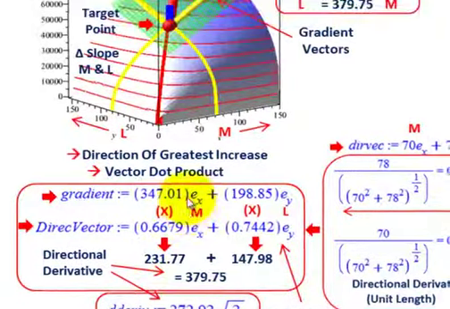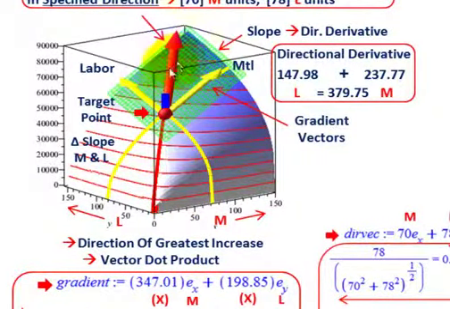So let's go back to our plot. Based on our labor inputs, our gradient vector times our directional vector, what was it? For material, I think it was 231.77. That's the length of that vector. That was our gradient of 198.85 times 0.7442, the directional vector for that amount.